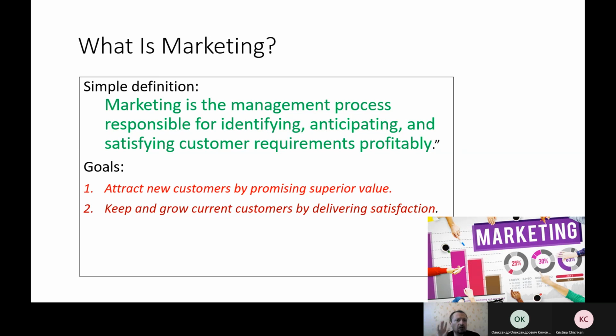And the general purposes of marketing are first to attract new customers, and second to keep our current customers satisfied.